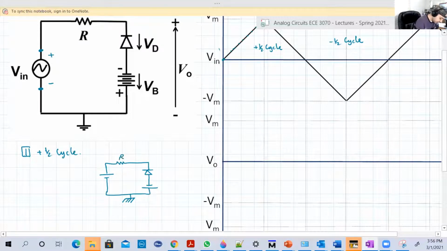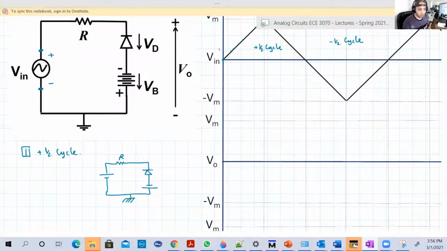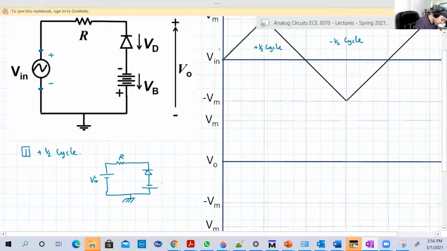Okay. What I want to do now is to know if the diode is forward or reverse. This is V input, and this is VB. And remember, V input, this node in the positive half cycle, is always greater than this node in value, or the input is positive, as we see here.